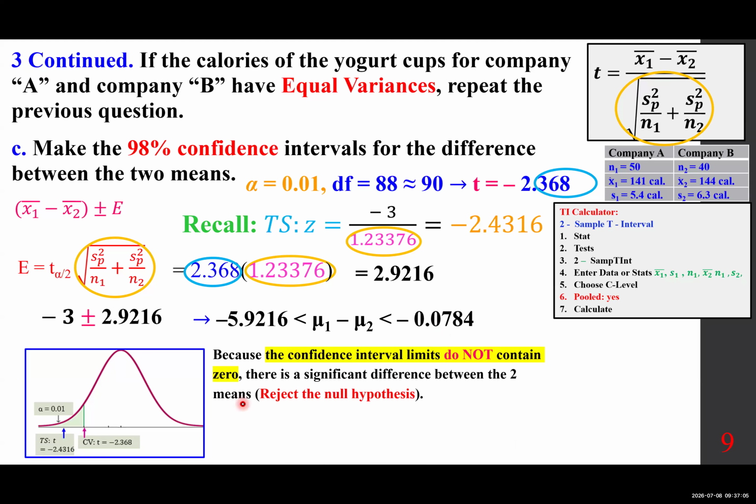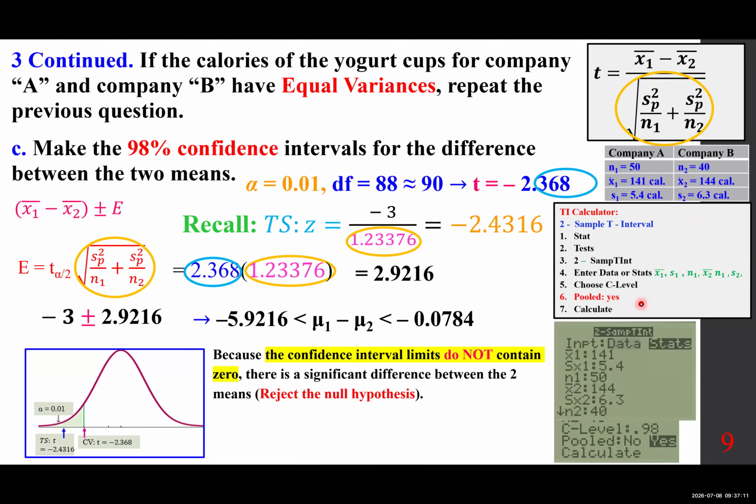If we go with technology, we use two sample t-test. We put the information in, yes, it'll do the job. And look, we have -5.923, very close to -0.0766, extremely close.